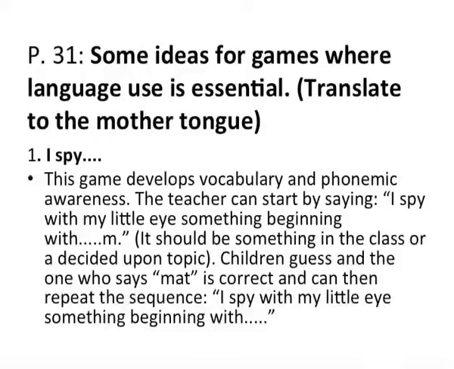It should be something in the class or a decided topic. Children guess what the one says, who says it is corrected and then repeat the sequence. I spy with my little eye something beginning with B. Then they must say, for instance, book.